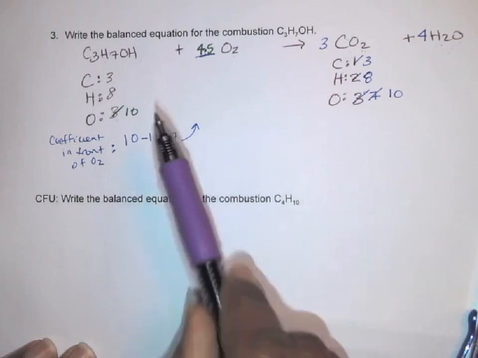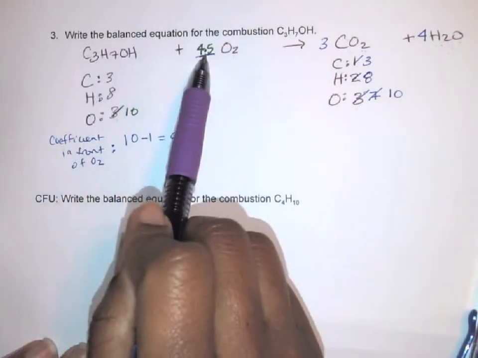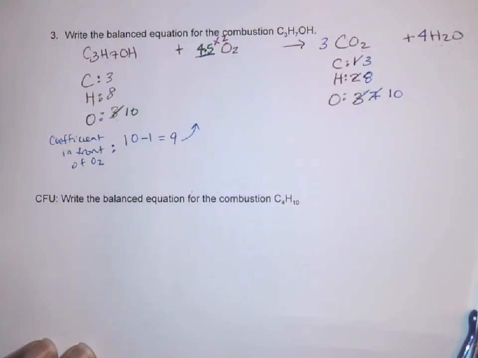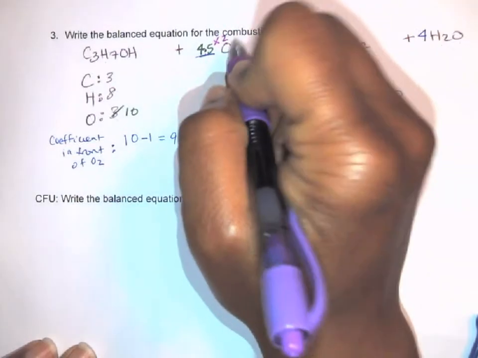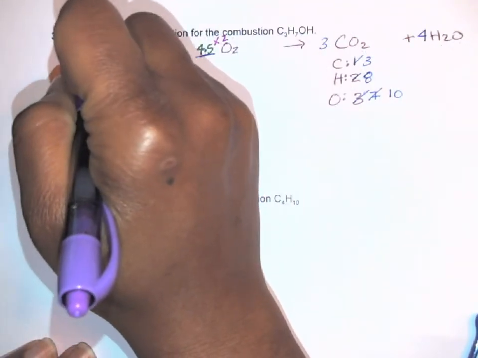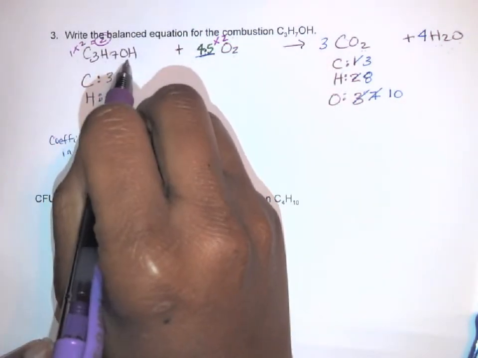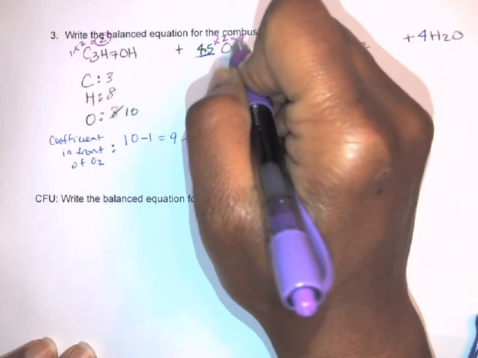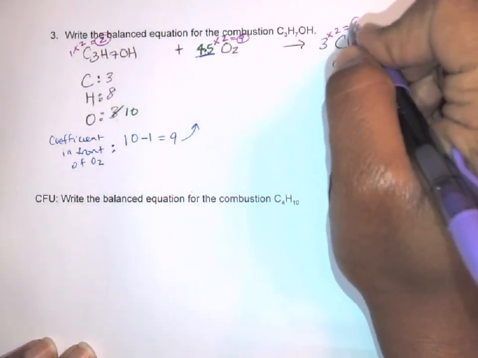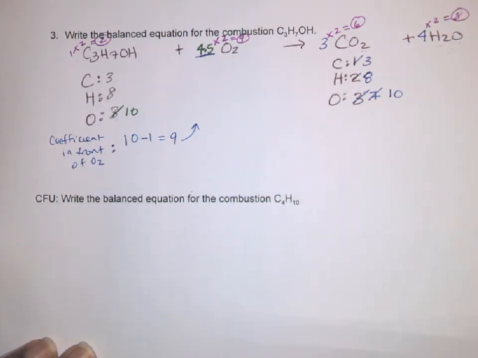All I need to do now is convert that from a decimal into a whole number by multiplying all of the coefficients by 2. I need to multiply this by 2 to get a whole number, so I need to do that to all of them, just like what we do in math: whatever you do to one side, do to the other side. This will give me a coefficient of 2 in front of the C3H7OH, a coefficient of 9 in front of O2, a coefficient of 6 in front of CO2, and a coefficient of 8 in front of H2O.